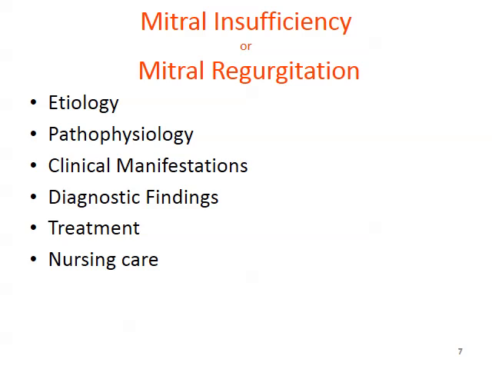Manifestations you're going to see: mitral regurgitation usually progresses slowly, so patients may remain symptom-free for a long time, for decades. When symptoms do occur, it's usually when the left ventricle fails in response to chronic blood volume overload. And the symptoms are going to include fatigue and chronic weakness as a result of reduced cardiac output.